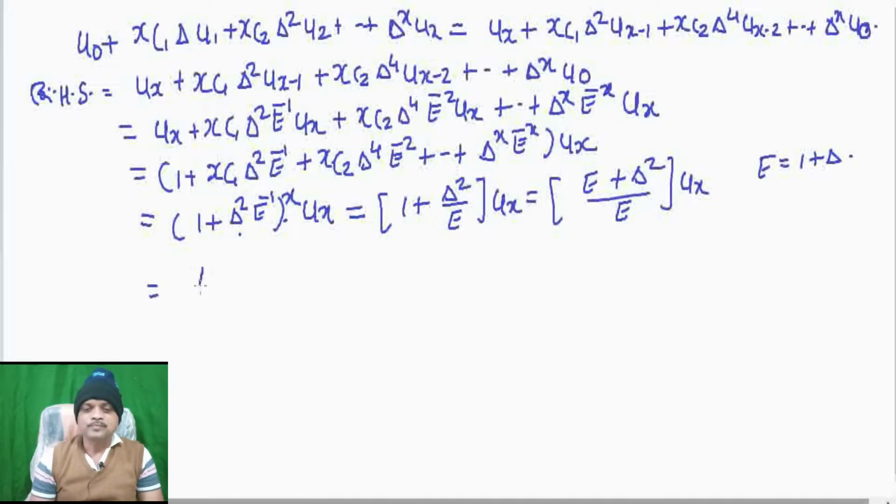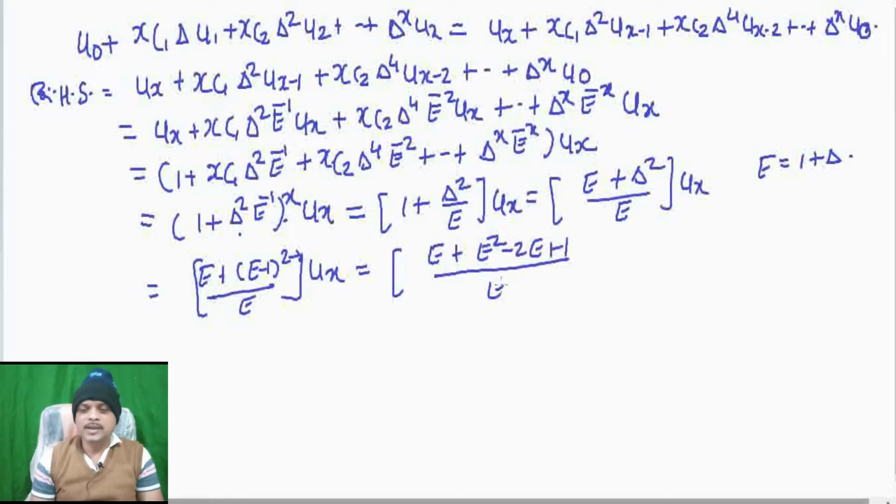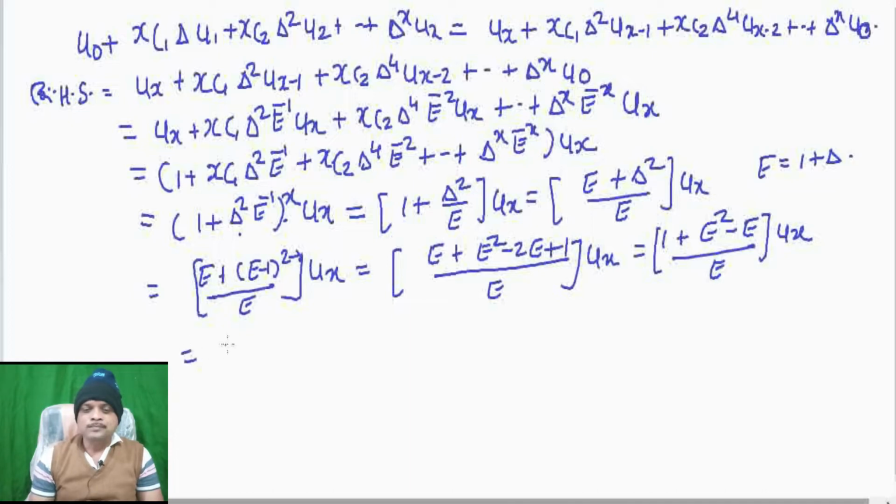Let us put here e plus e minus 1 whole square divided by e operating on ux, equal to e plus e square minus 2e plus 1 divided by e, operating on ux, equal to 1 plus e square minus e divided by e operating on ux, equal to 1 plus e common, e minus 1 divided by e operating on ux, equal to 1 plus delta into e.